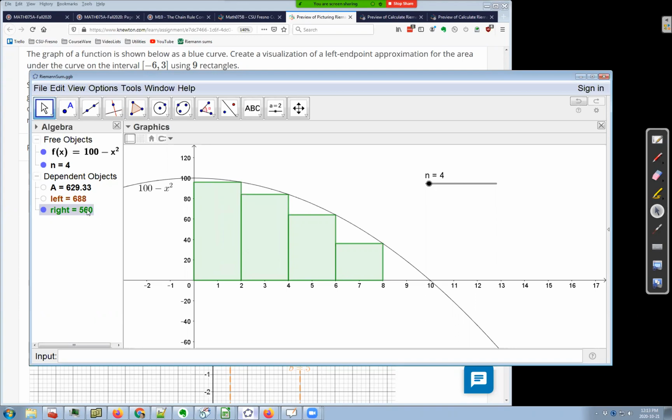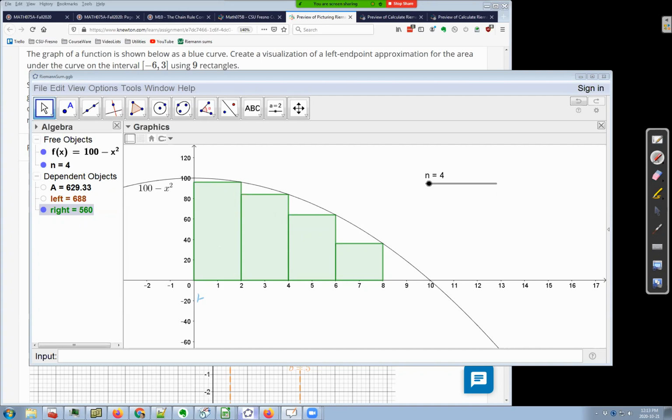Let's think about why that's easy. How would I find the area under these rectangles? Well, the area of a rectangle is easy. It's just base times height.